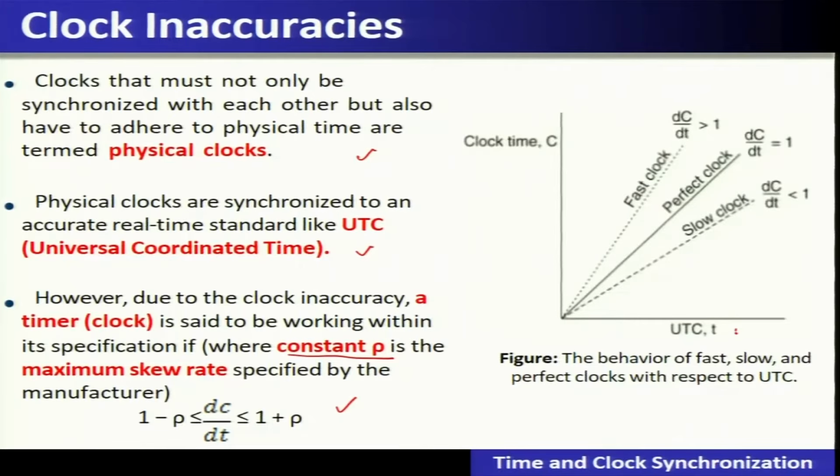On the x axis you have Universal Coordinated Time, UTC, and the clock time, capital C, on the y axis. For the perfect clock, the rate dC/dt should be equal to 1. For a slow clock, dC/dt should be less than 1, and for a fast clock, dC/dt is greater than 1.